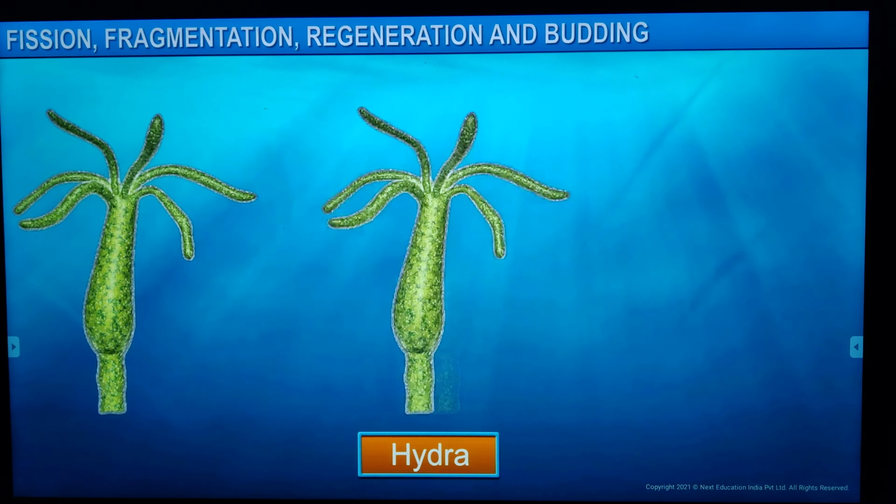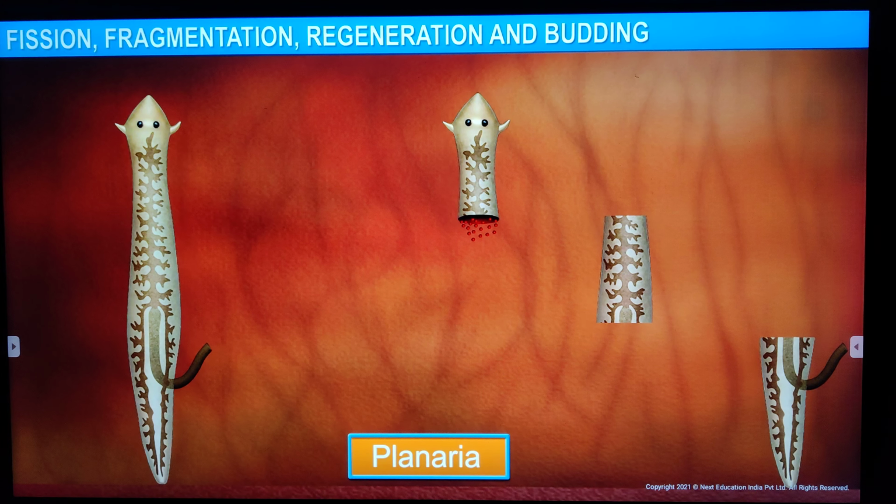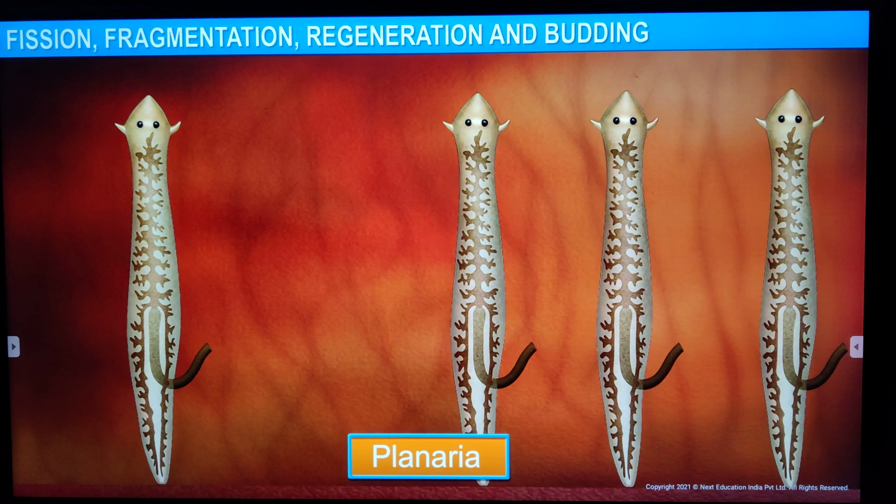Regeneration is the development of new individuals from its body parts. For example, the fully differentiated organisms, such as Hydra or Planaria, can be cut or broken down into many pieces. Each of these cut pieces can grow into separate individuals.